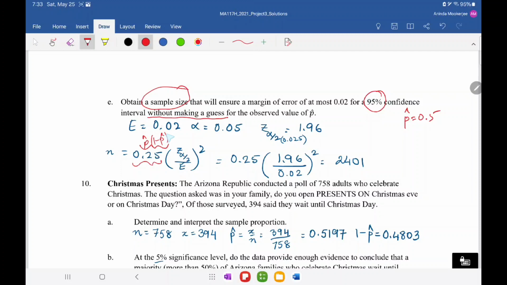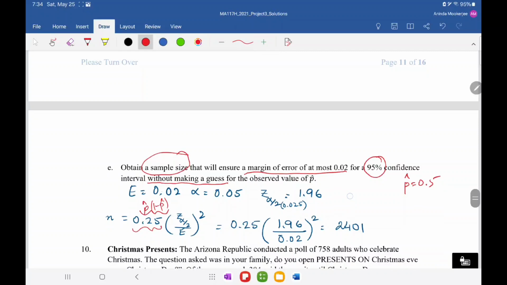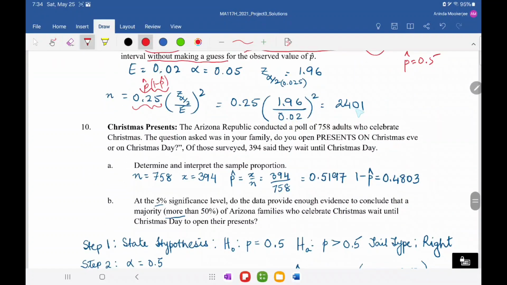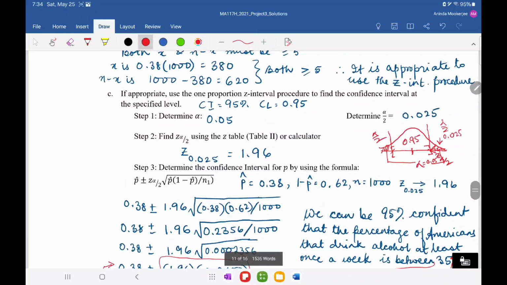And the value of the error is given to us here. Pick the value of the error from this question and not the original question on confidence interval. So when we did the calculation, we came up with an N value of 2,401. If it's not an exact integer value, if it has a decimal value, please round it up to an integer value. All right, so that was the first question on chapter 12, which is just to find a confidence interval for a proportion.